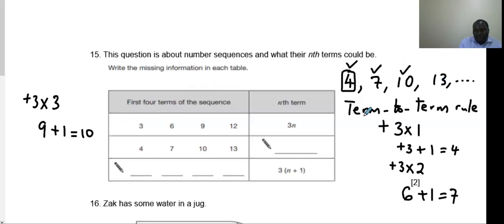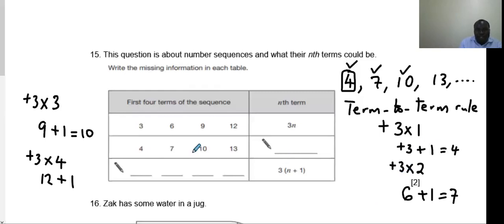But what is the term to term rule? The term to term rule is add 3 times the position number of 13, which is fourth position. So 3 times 4 is 12. But we are hoping to get 13. So what is missing? Add 1. So you can see in every case we're having add 1, add 1, add 1, add 1, while taking the position number into consideration.